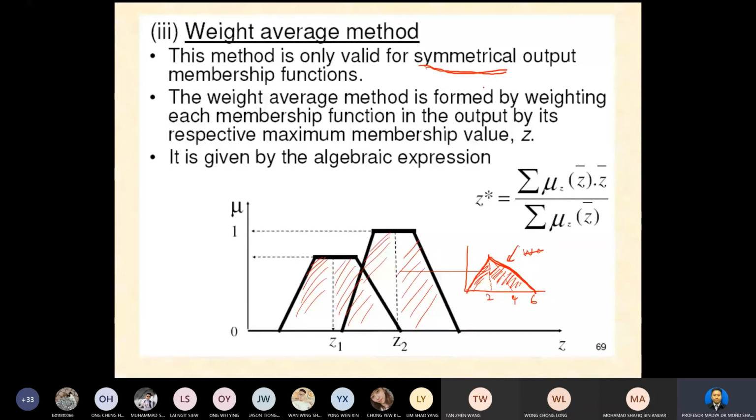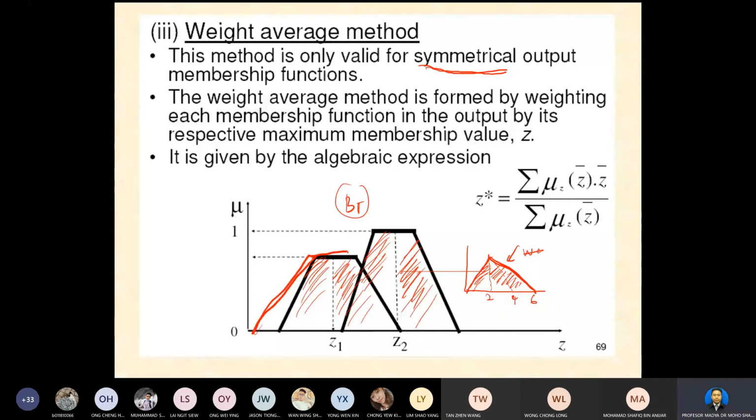For example, this is our B1. We have to check whether this part and this part are the same, and this part and this part are the same or not. If the same, we can use the weighted average. If not, for example like this, maybe we have either like this, the output will be this one.